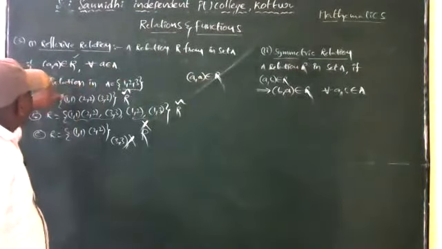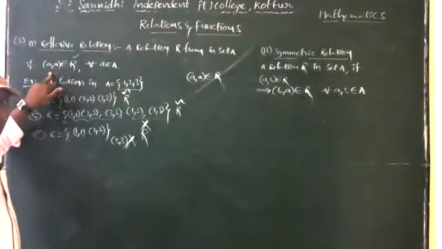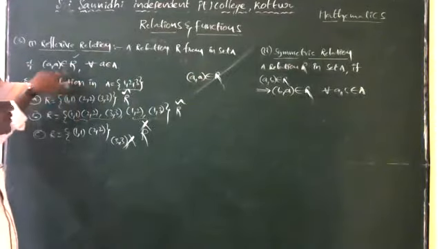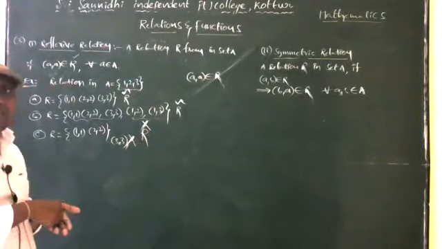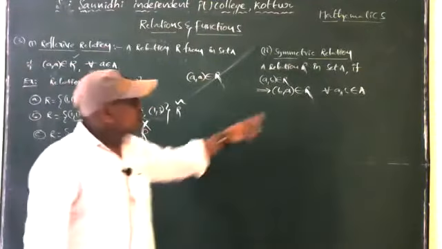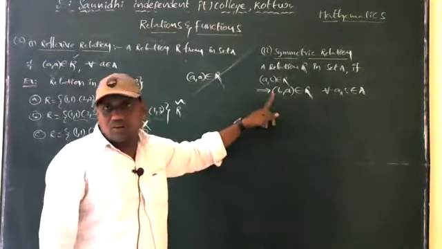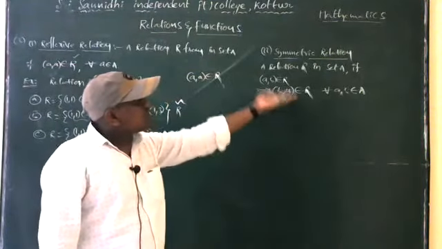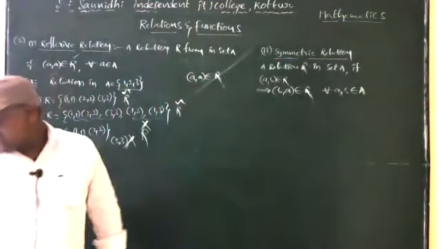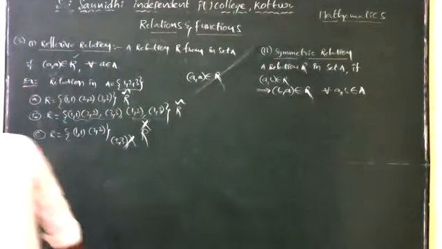So reflexive means A comma A belongs to capital R. Symmetric means A comma B belongs to relation, then you have to check whether B comma A belongs to capital R or not. In case B comma A belongs to R, then it is called the symmetric relation.